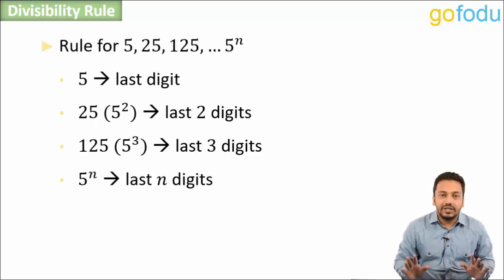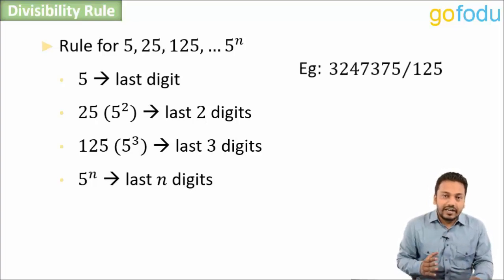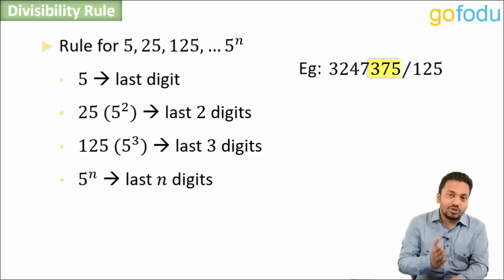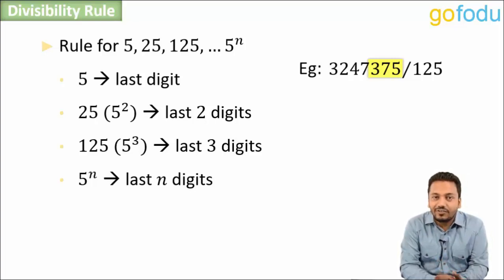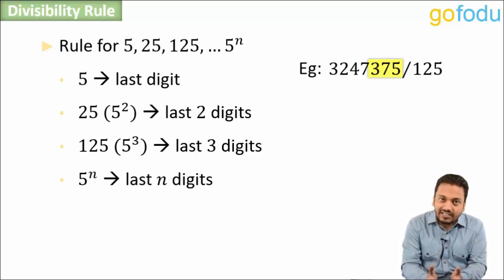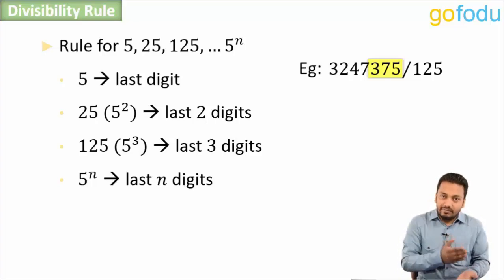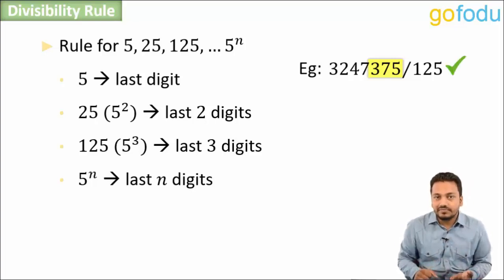Same rule, nothing new. So will 3247375 be completely divisible by 125 or not? Well, the question you should ask is, will 375 be completely divisible by 125 or not? Yes, it is divisible. So this number is also divisible.